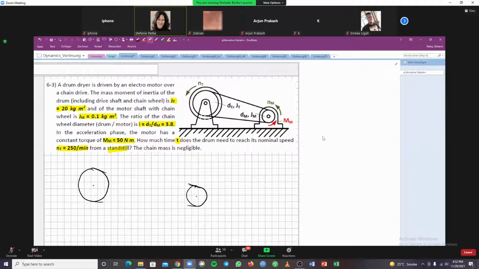Then, first of all, we see the support reactions. Let's call them A and B, A vertical and A horizontal, and B vertical and B horizontal. When we free the system from a support, we have to include the support reactions, even though we are not interested in the support reactions in this case right here. But they are part of our free body diagram. Now, we see the tension in the chain.